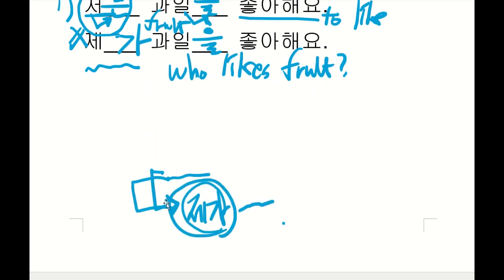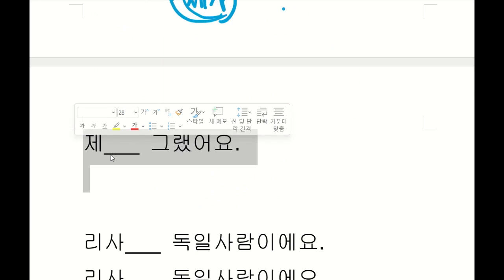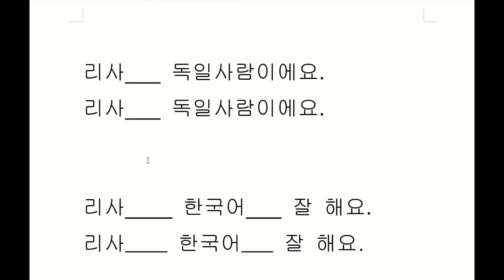Okay, and then next one. Here. 리사는 독일 사람이에요. 리사가 독일 사람이에요. You can say both. But you just need to know the difference. I think hopefully now you are able to explain the difference between these two, right?